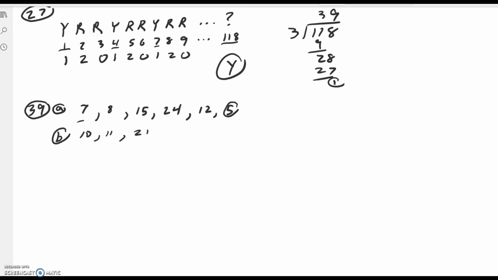We add 9 to it, we get 30. We divide it by 2, we get 15. We subtract the original number, we get 5. So I think, based on 2 examples, the answer is always 5. So I'm going to put always 5.